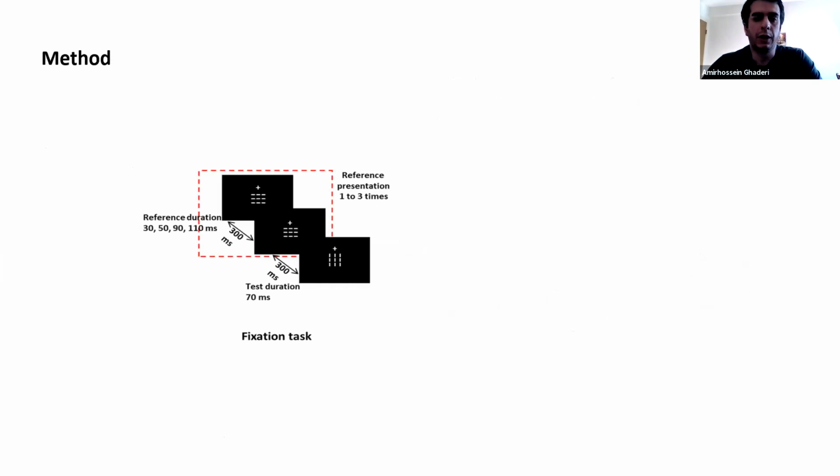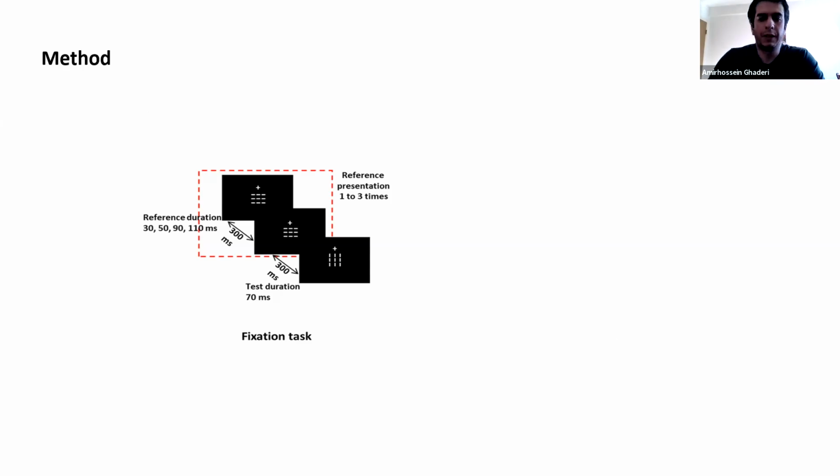First, I should talk about the method. We had a psychophysics task. We presented one stimulus repeatedly, and after that we presented a novel stimulus, which we name the test stimulus. Finally, we asked them to judge the duration of the test stimulus.